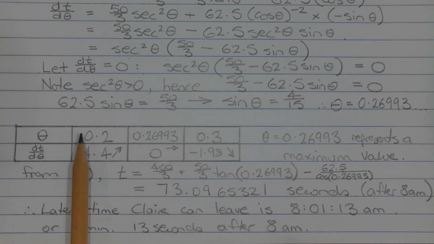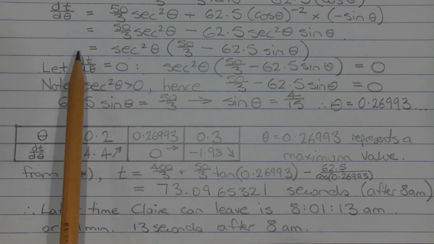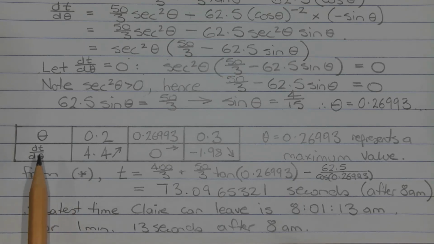When theta is equal to 0.2, using dT/d theta, I get 4.4, which is a positive gradient. And when theta is equal to 0.3, I get negative 1.98, which is a negative gradient. So theta equals 0.26993 represents a maximum value.